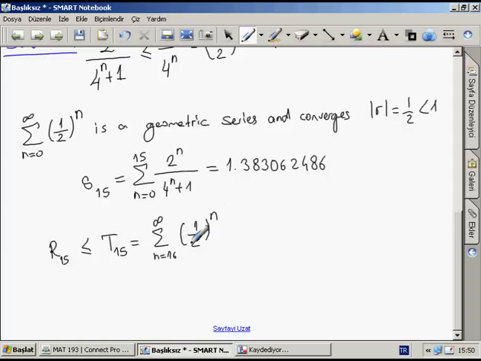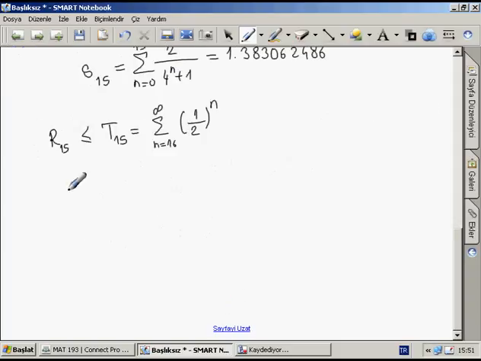Now we can easily obtain the exact value for n equals 0 to infinity, but now we are talking about the T15, where n starts from 16 to infinity. So we can subtract the first 15 terms from the total summation.